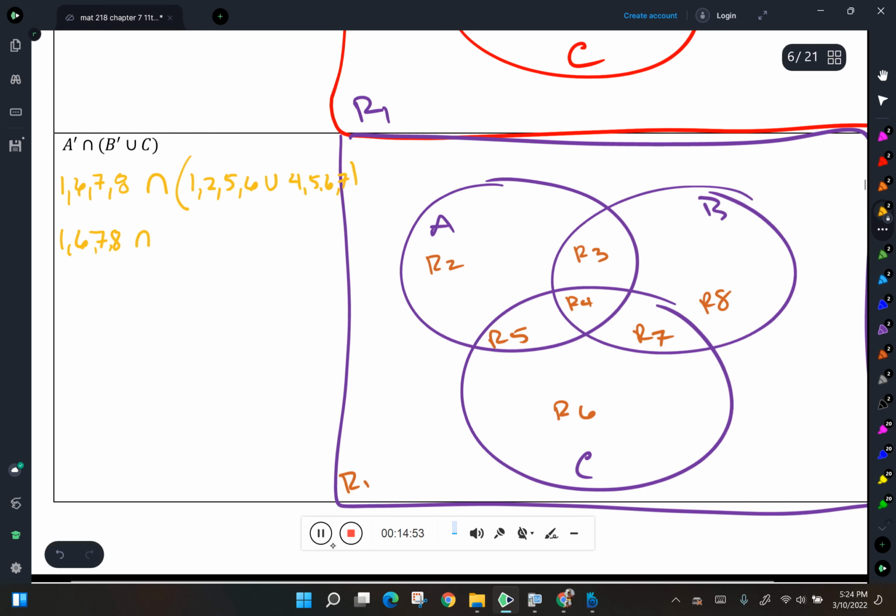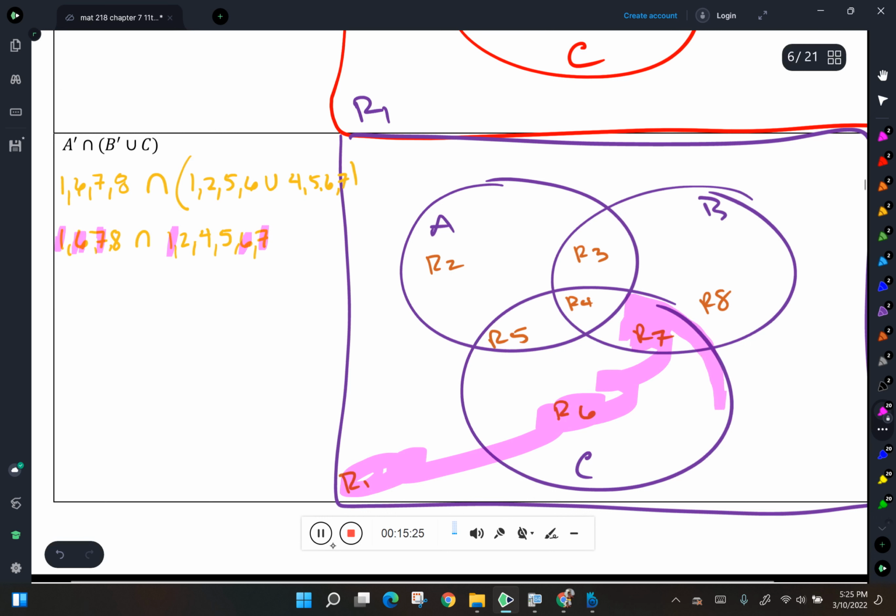Okay, so this is going to be 1, 6, 7, 8, intersection with, when I union those, I just lump them together and make one big set. So that's going to be a 1, a 2, a 4, a 5, a 6, a 7. And then when I take the intersection, I'm looking for what they have in common. They've got a 1 in common, no 2, no 3, no 4, no 5. I've got a 6 in common, and a 7 in common. So 1, 6, 7.